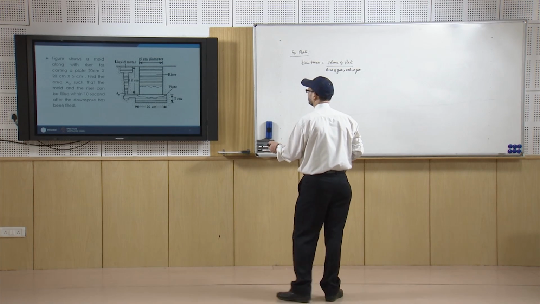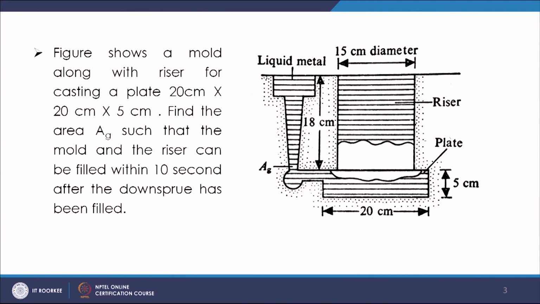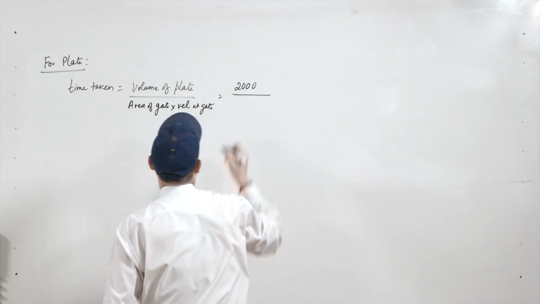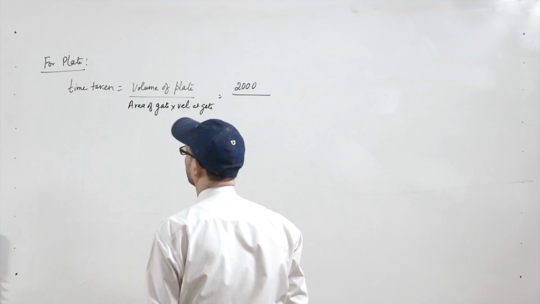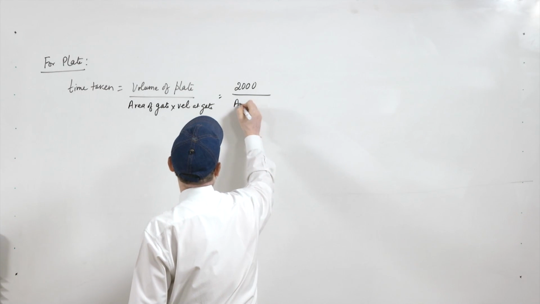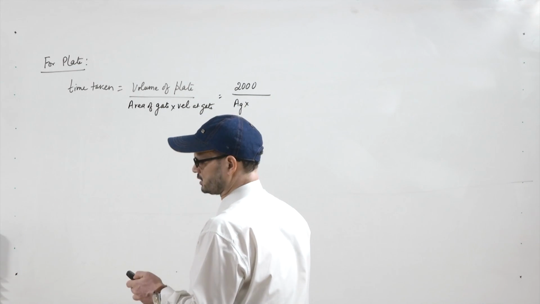So, the volume is 20 by 20 by 5. So, it is 2000. Then area of the gate which is to be found multiplied by under root 2gh.